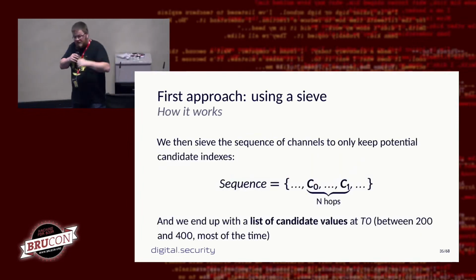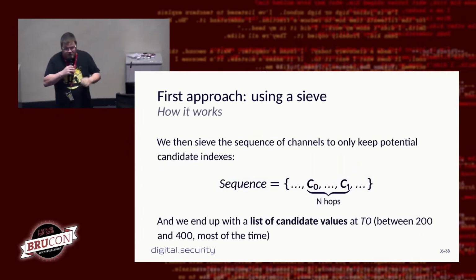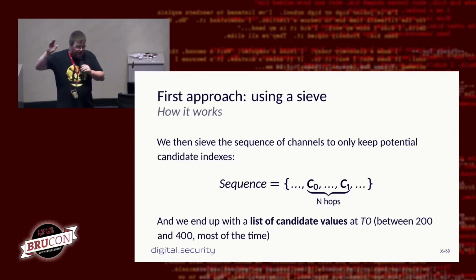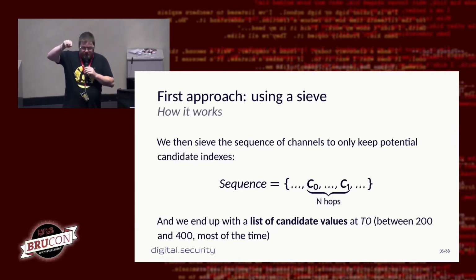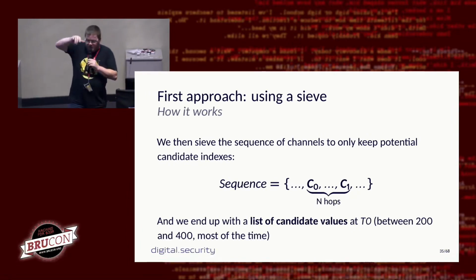We go like this in the sequence we previously generated, looking for channels in the sequence with a gap of n hops. Based on this, we only keep the indexes that are the value of the counter used to generate these channels.